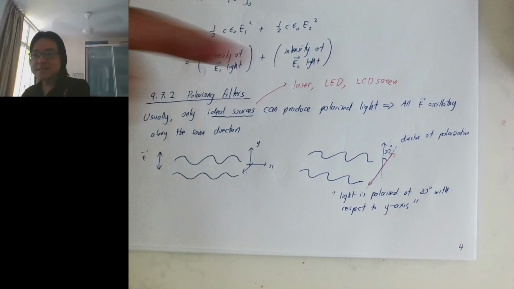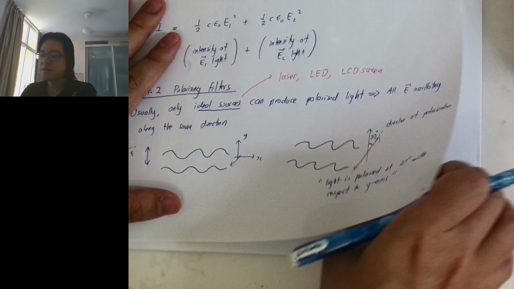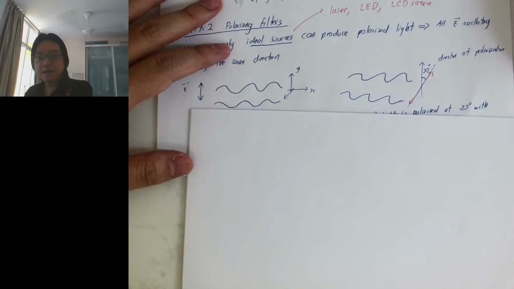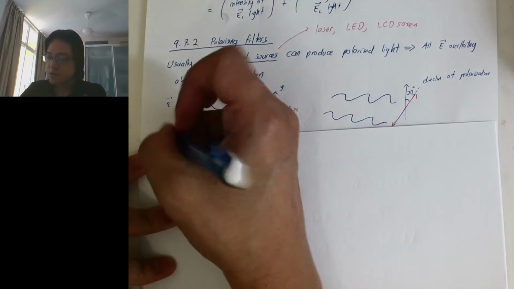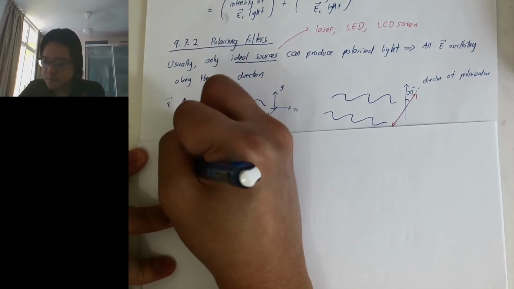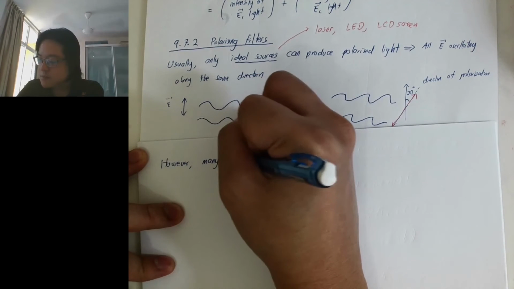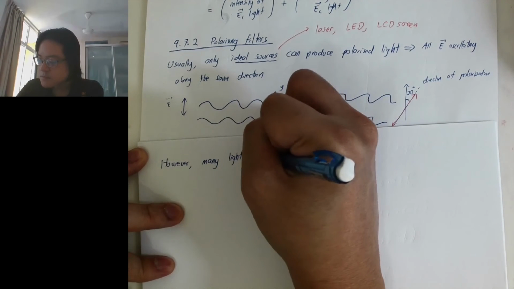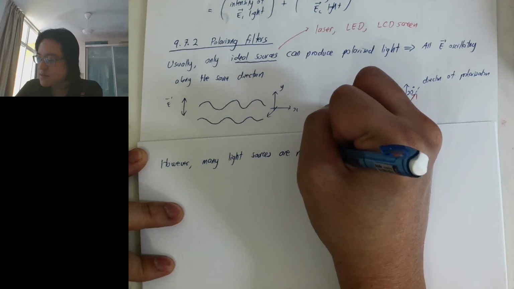So if I mix two different polarizations, you get circular polarization, linear polarization, this. Unfortunately, not all light sources can produce polarized light. This is because many light sources are, well, let's say not ideal.